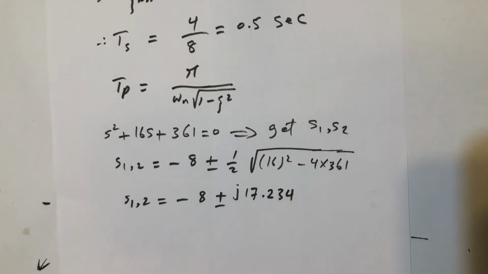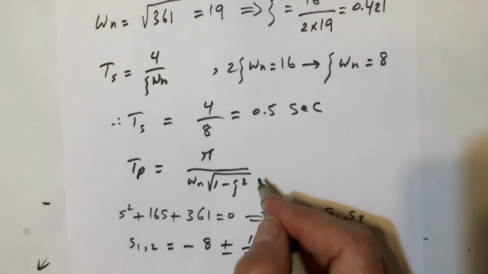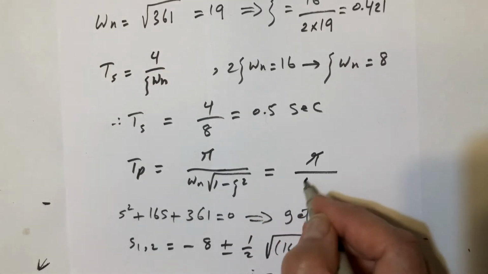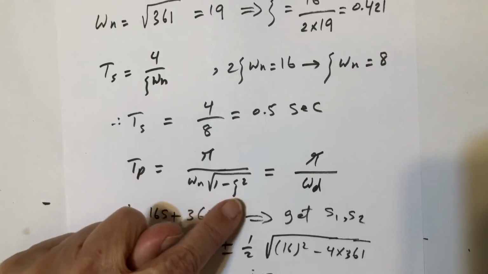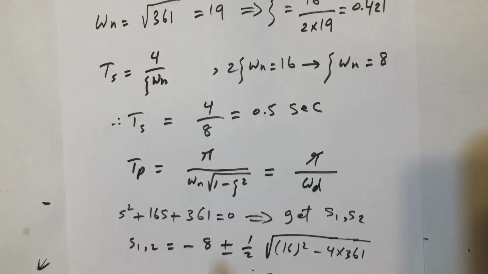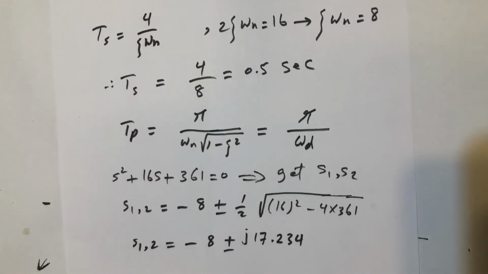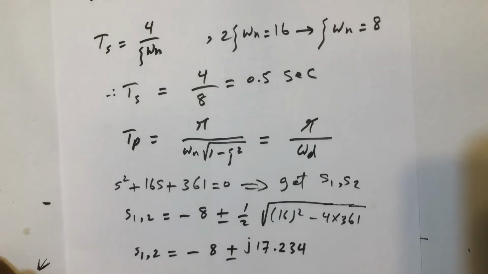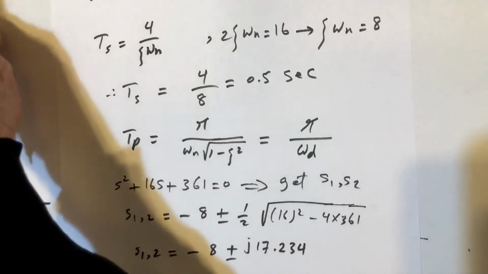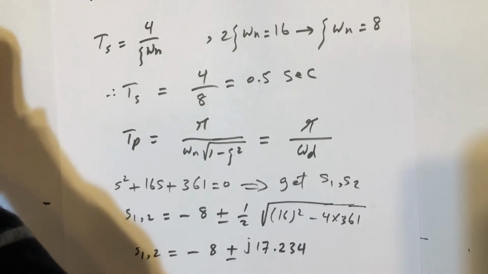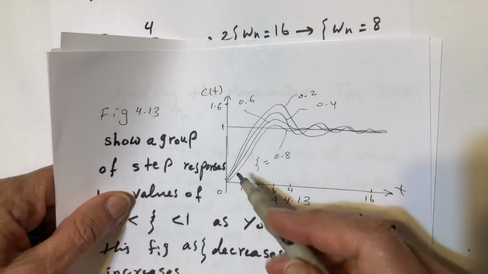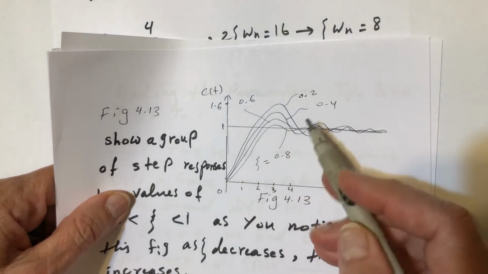Now I want to add the information that Tp equals pi over omega d. What's omega d? It's omega n times the square root of 1 minus zeta square. You remember I talked about oscillation, about the underdamped response. It will oscillate, it has a damped sinusoid.